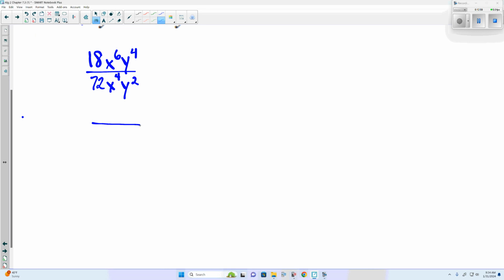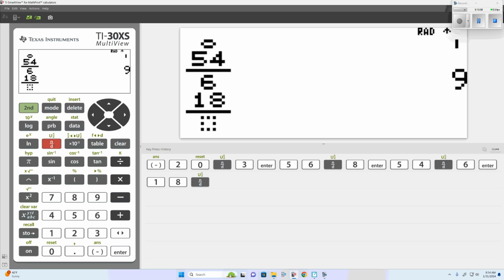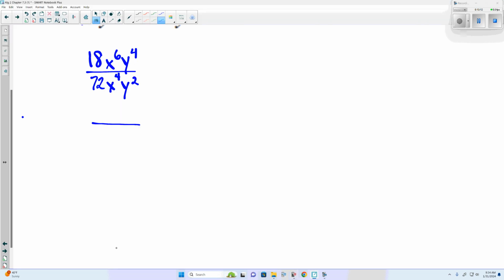Now at this point here, we do need to simplify. 18 over 72 is 1/4, so we will have the 4 on bottom. And it does make sense that the bigger value should be on bottom because the bigger number is on bottom.